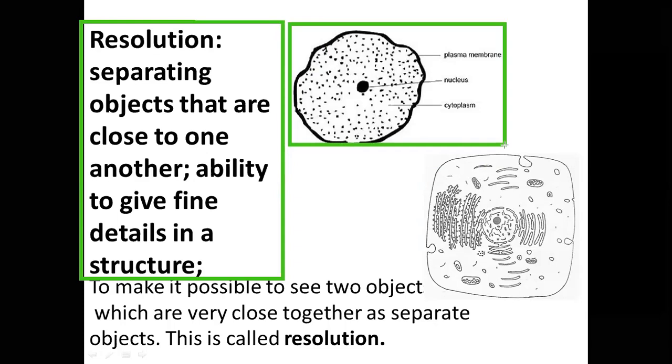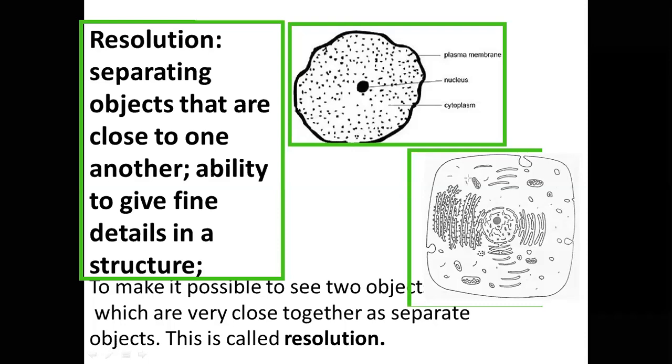But if we use an electron microscope, which has higher resolving power, we move from seeing only three things, the plasma membrane, nucleus and cytoplasm, nothing more, to seeing more details, organelles that could otherwise not be seen.